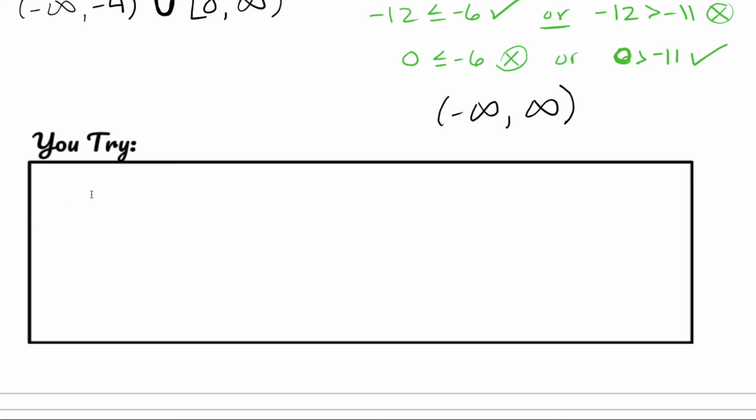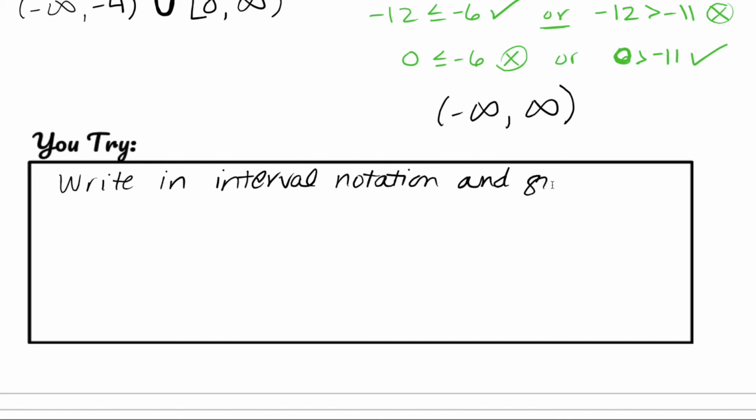The directions are you're going to write in interval notation and graph on a number line. And remember, my advice is you graph on the number line first, and then the interval notation will just fall out from that.